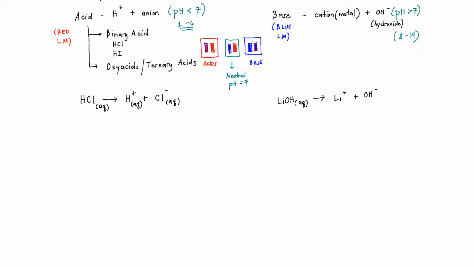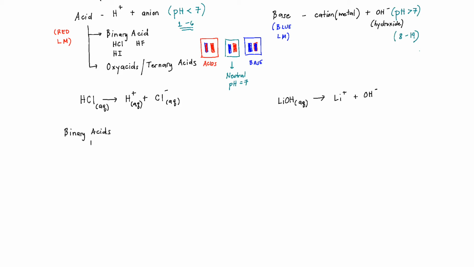We also have hydrofluoric. Now, as you can see here, once we say binary acid, we are referring only to two atoms or two elements. So the rule for binary acids is this.